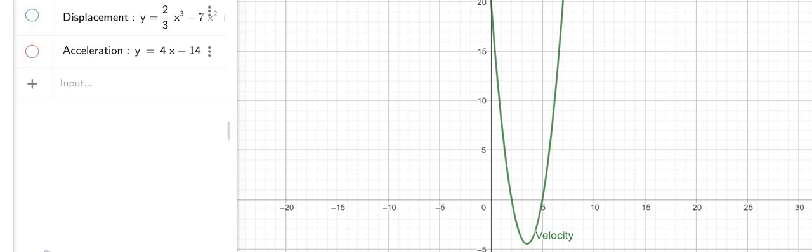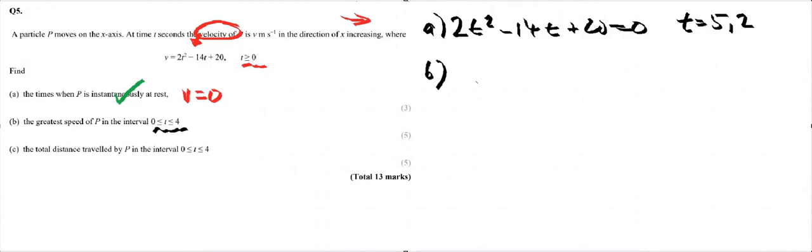So let's go back to the algebra. If I take the change in speed, I get acceleration. So let's differentiate it. I get 4t minus 14.